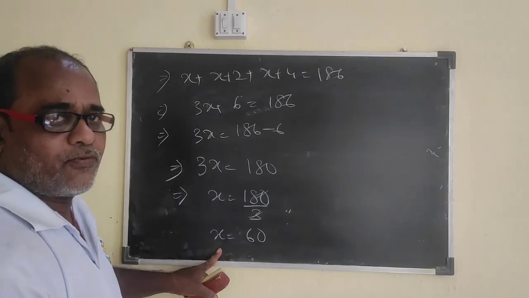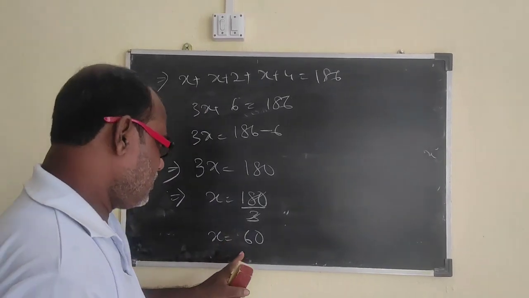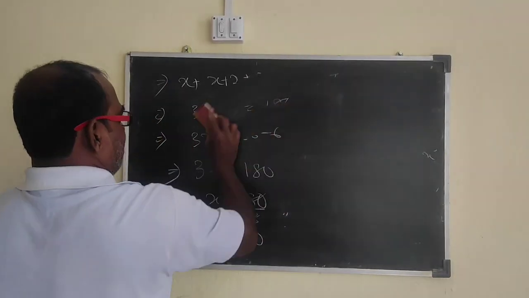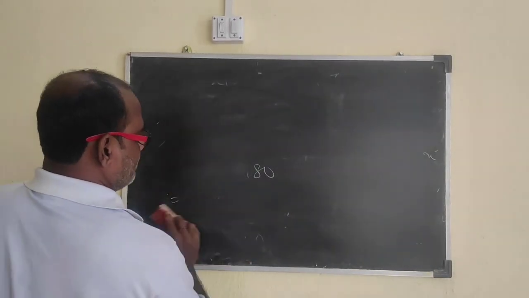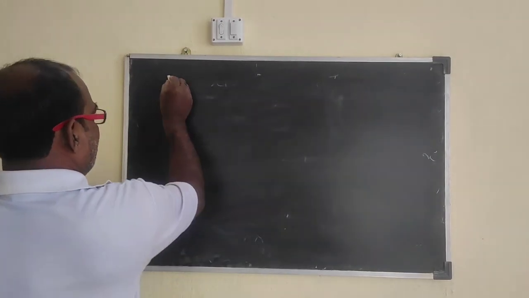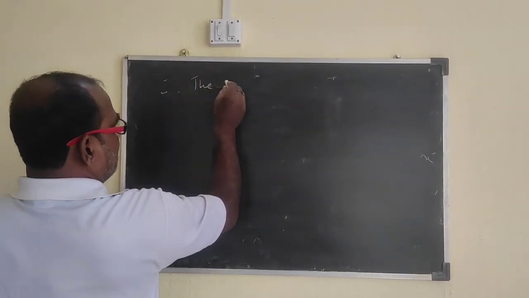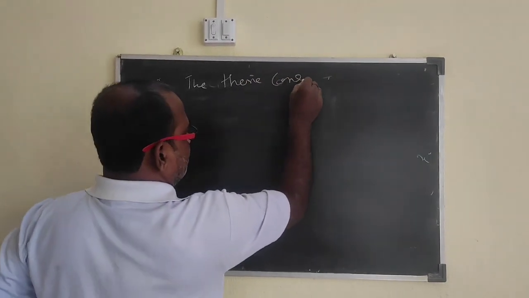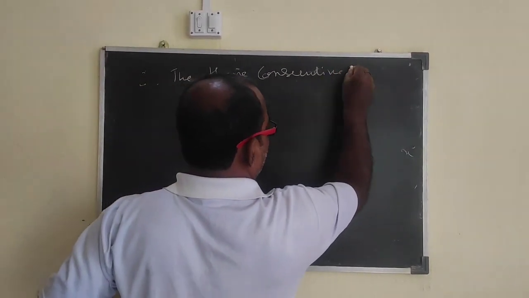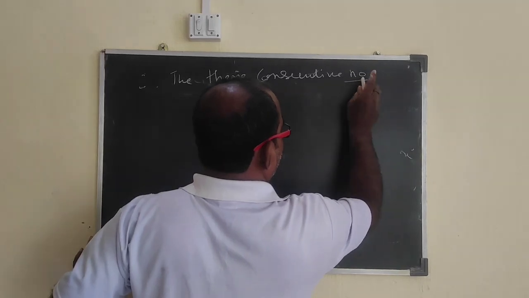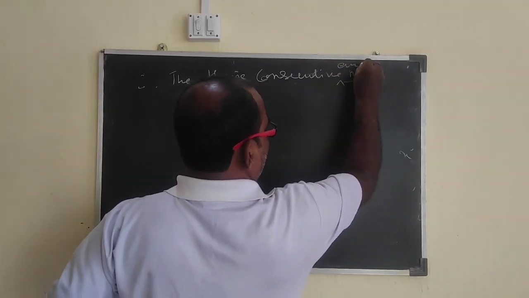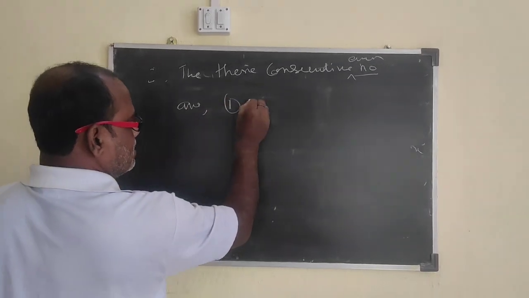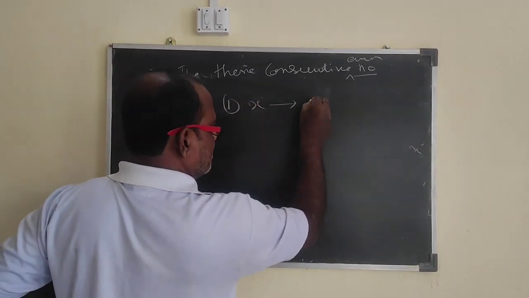What was x? x was the first consecutive even number. Therefore, the three consecutive even numbers are: the first one is x, which equals 60.